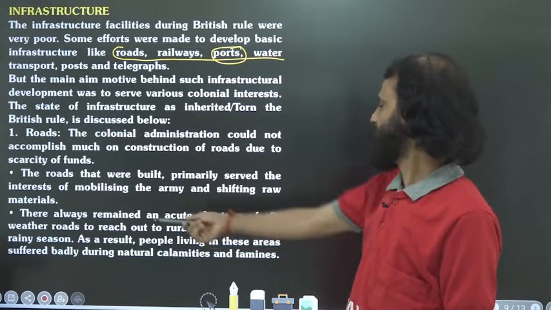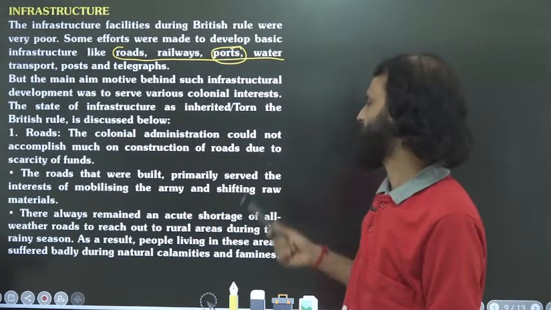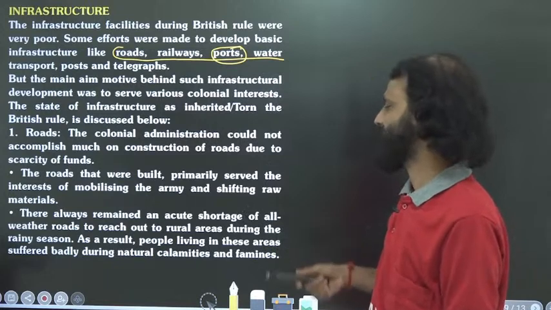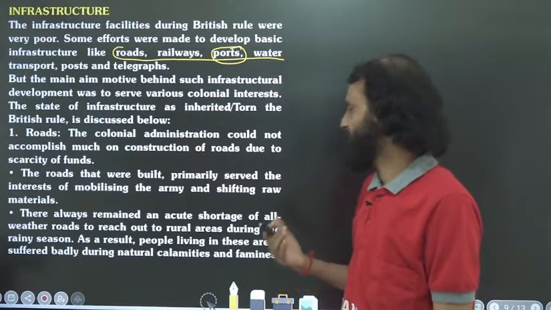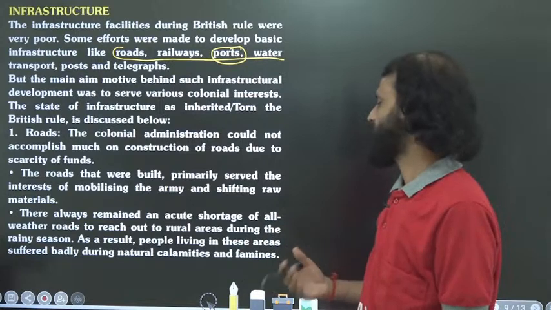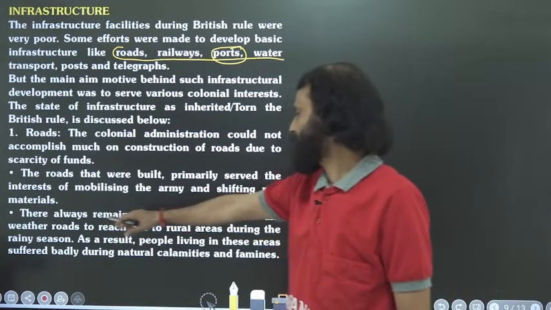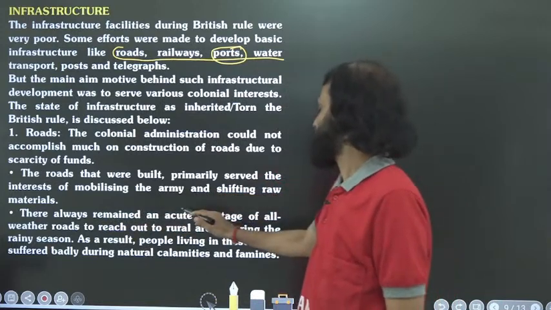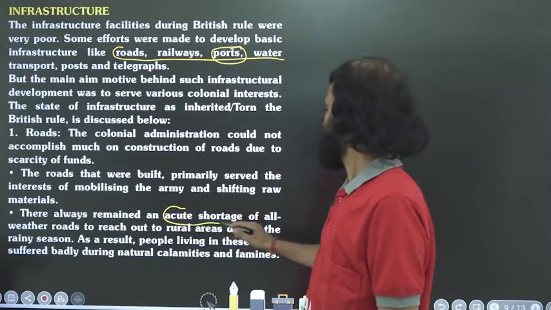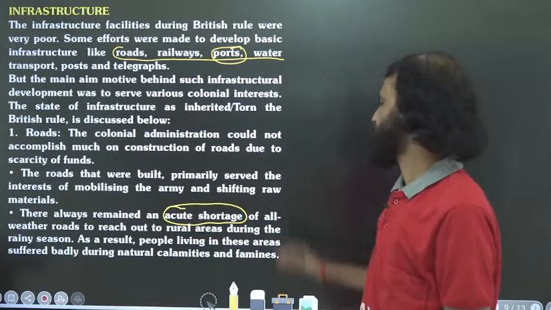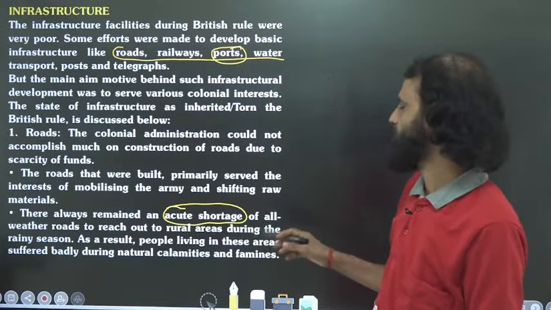There always remained an acute shortage of all weather roads to reach out to rural areas during the rainy season. Of course, there were not enough roads. All weather roads were not there at that time. Acute shortage means there were not sufficient roads, it was lacking.